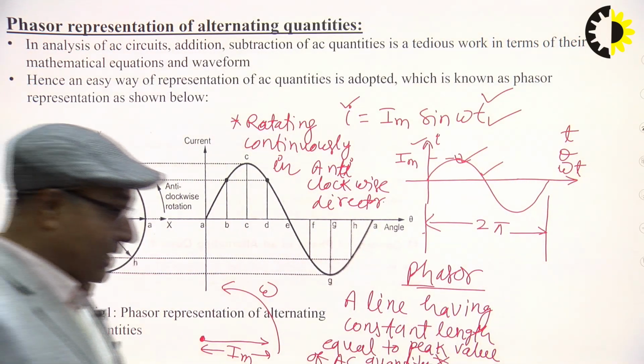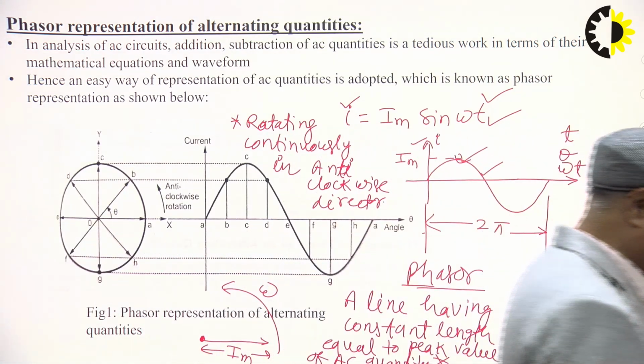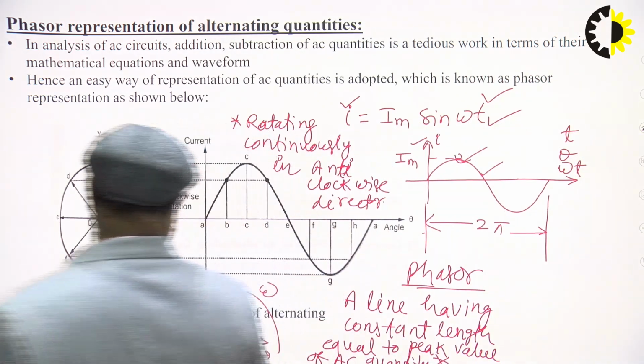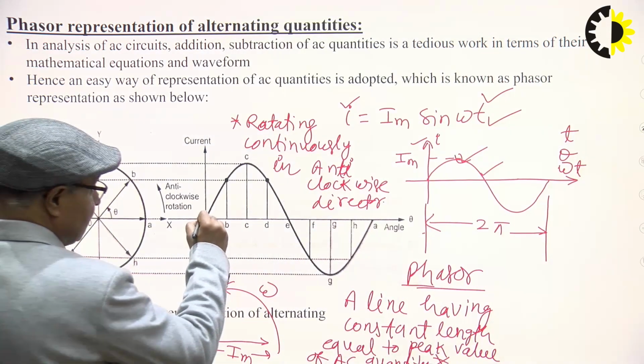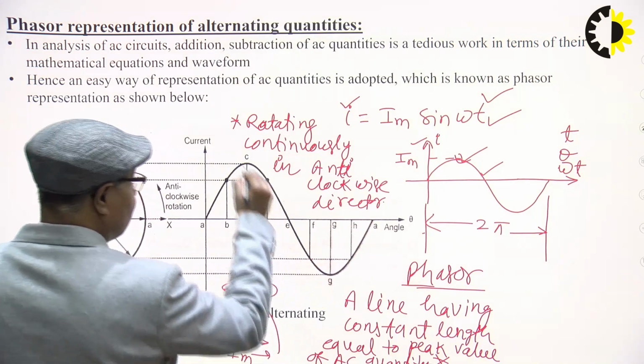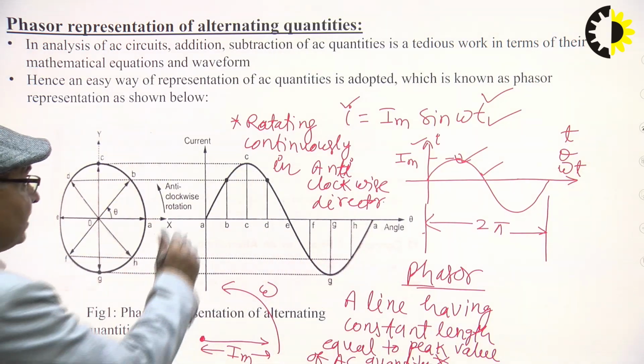Now how to prove this? Suppose our AC quantity is a current and this is its waveform.